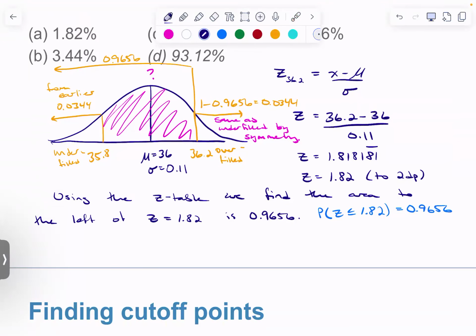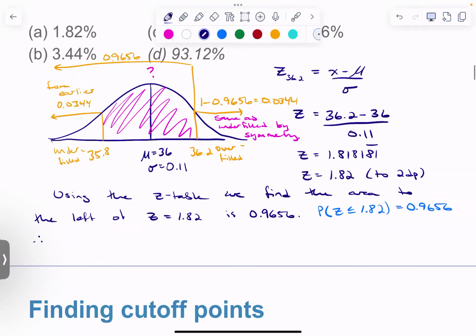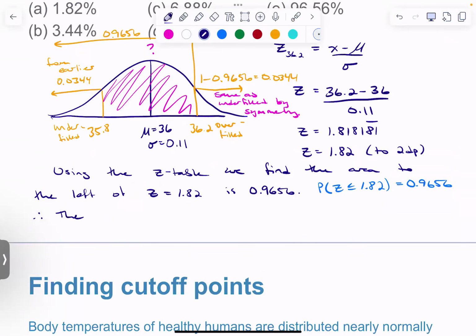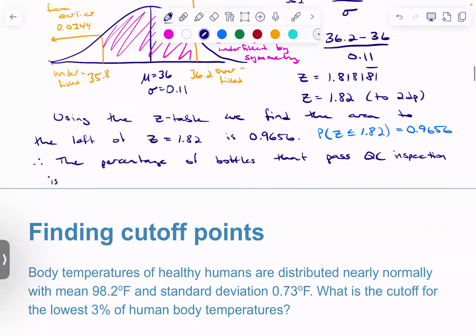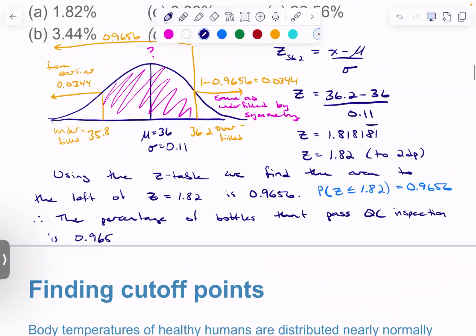So, therefore, the percentage of bottles that pass QC inspection is 0.9656 minus 0.0344.